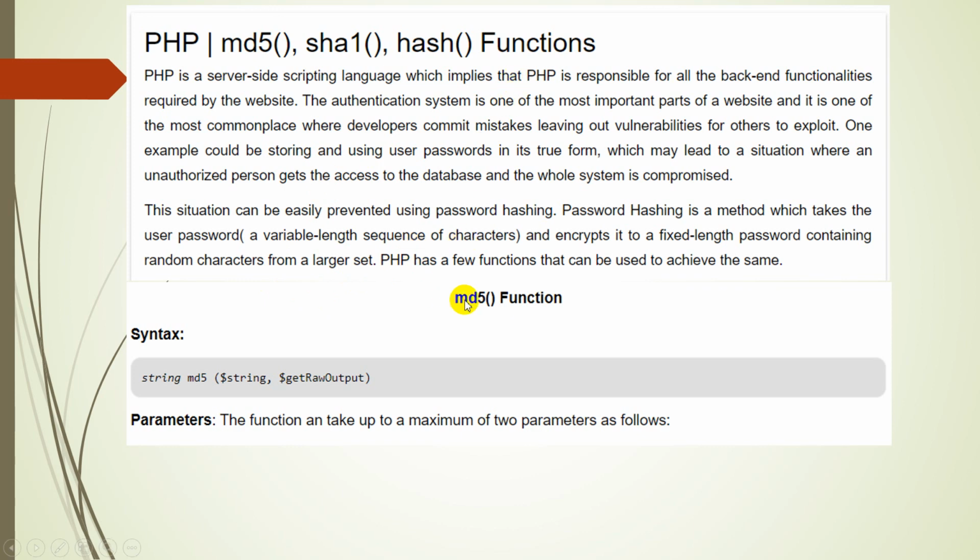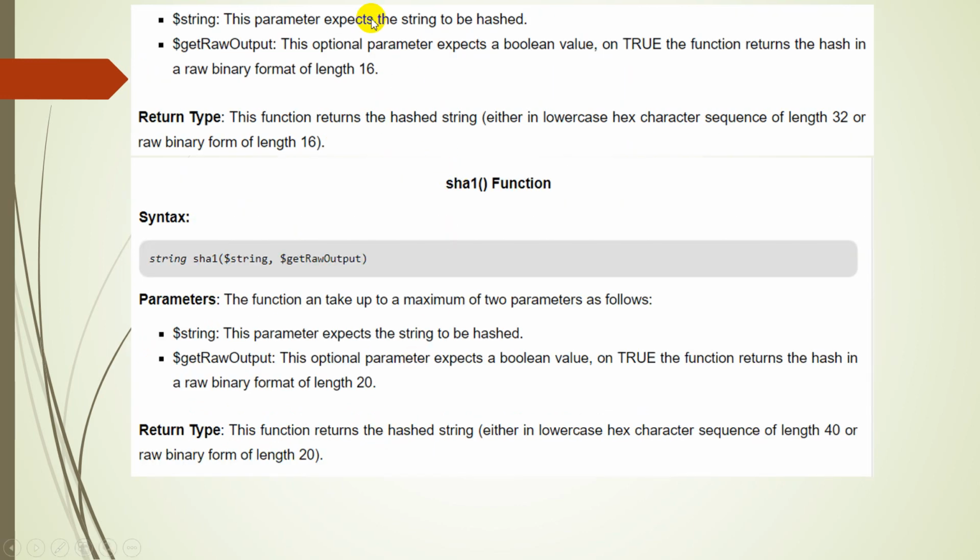This is the md5 function syntax: string md5, with the parameter string. The function can take up to a maximum of two parameters. The first parameter is the string to be hashed.